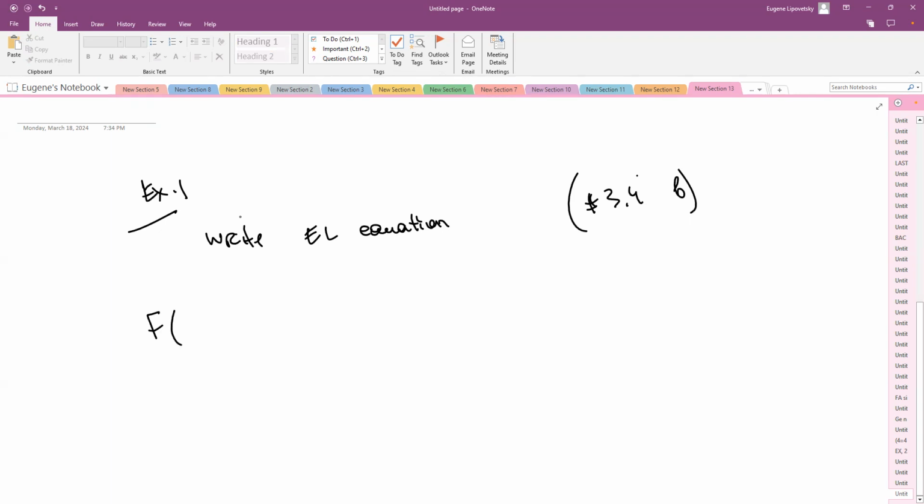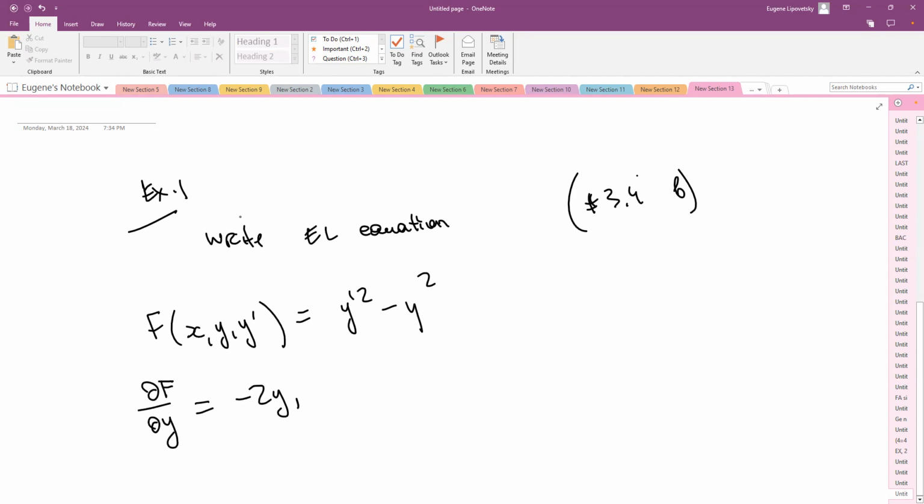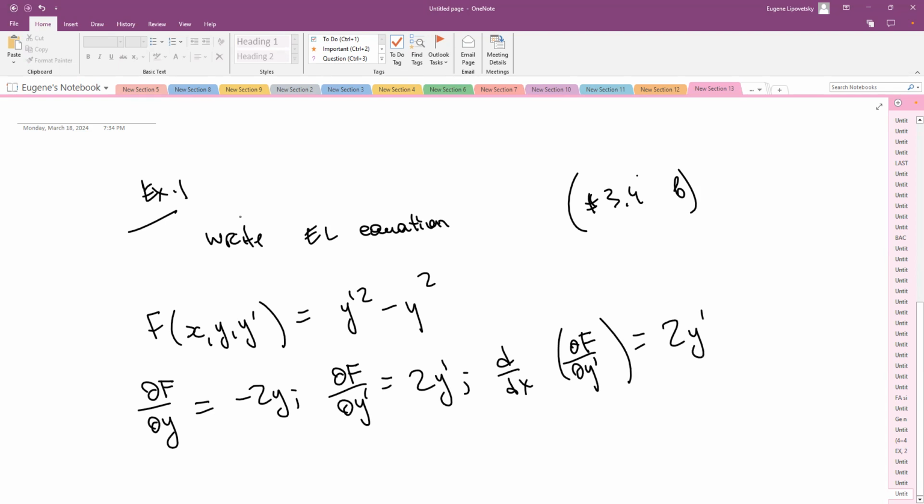So F of x, y, y prime equals y prime squared minus y squared. So we have df over dy equals minus 2y. df over dy prime equals 2y prime. d over dx of df over dy prime equals 2y double prime.